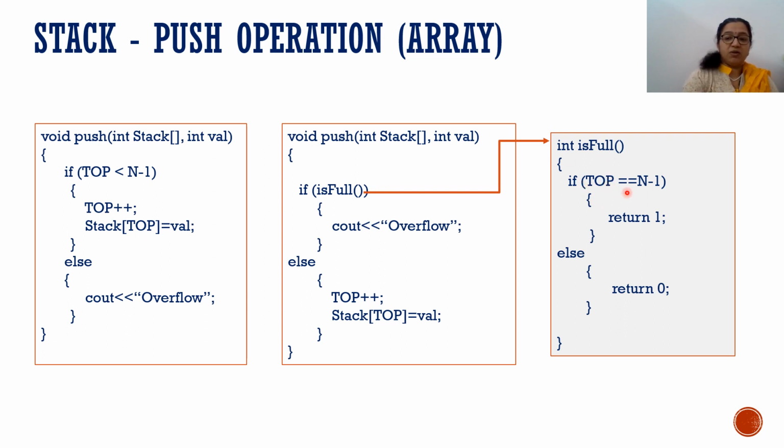If top is equal to n minus 1, that means it is full. So we are returning the 1 value. If it is 1, that means the condition is true. So we will get overflow. If it is 0, this condition is false. So it will move on to the else portion. So top is incremented and stack of top is equal to val. So in both methods we can write this function.